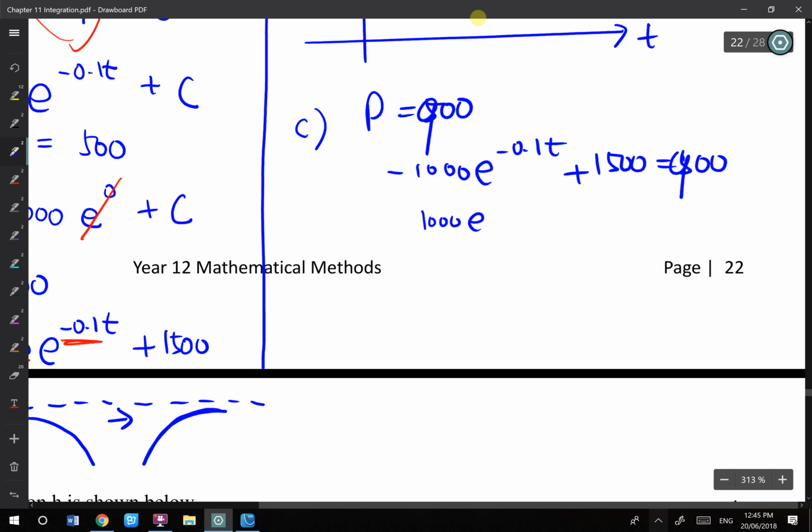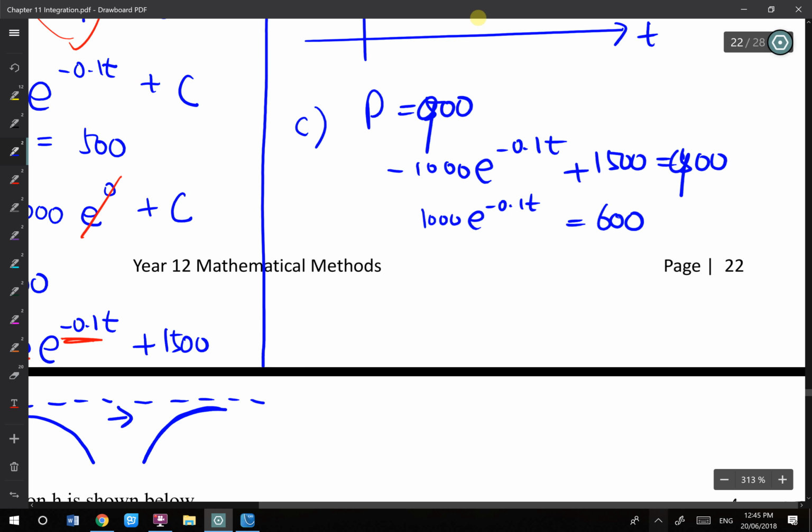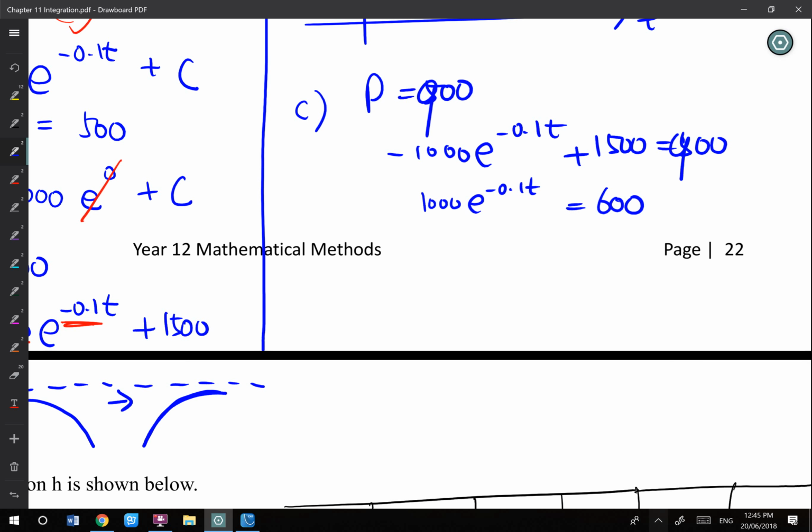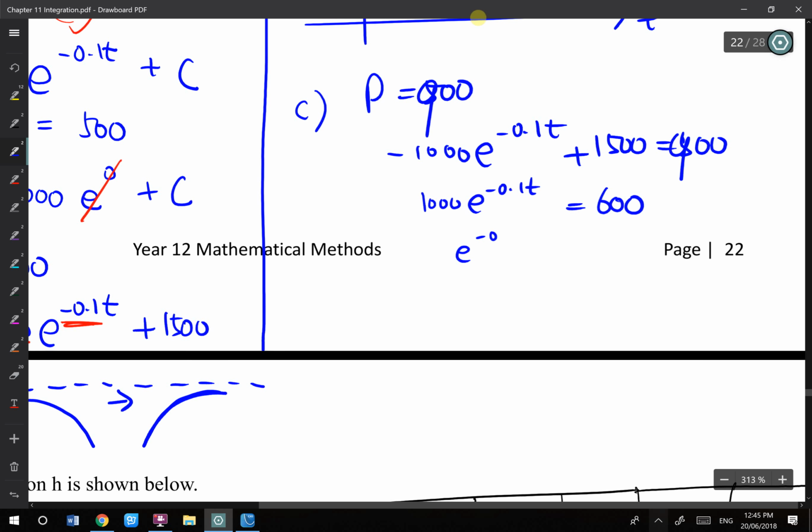So negative 1000e^(-0.1t) plus 1500 equals 900, so 1000e^(-0.1t) equals 600. Move that to that side and move 900 to the left-hand side. Divide by 1000, so e^(-0.1t) equals 6 over 10, which is 3 over 5.